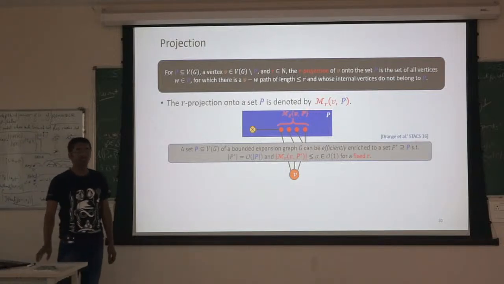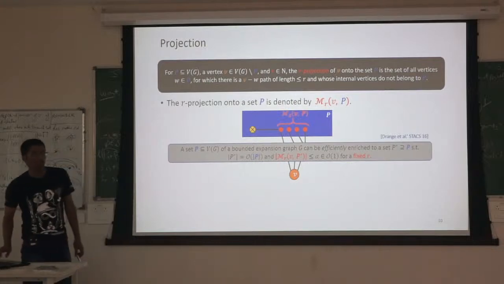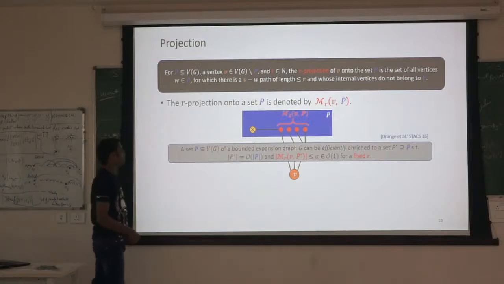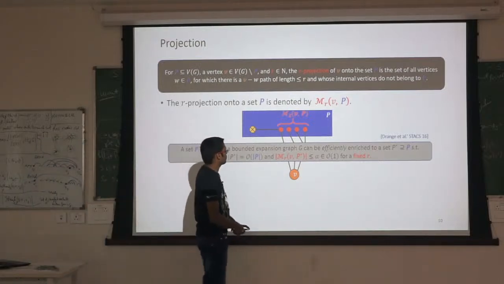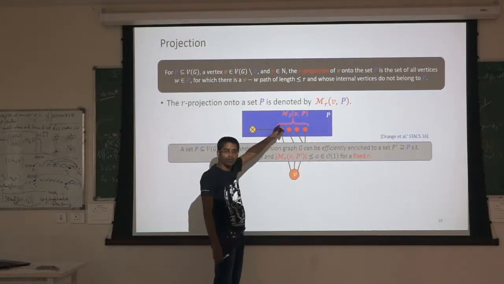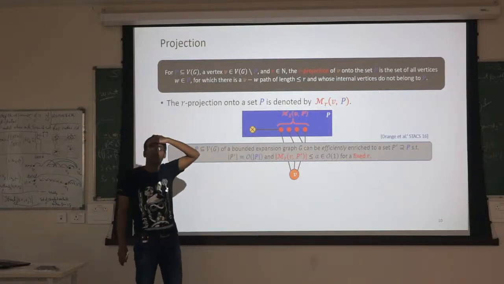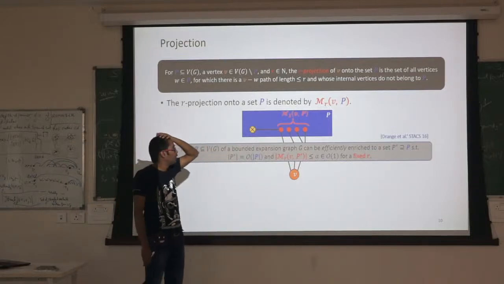Is there any question? So does this follow from neighborhood complexity, or is it a different argument? This uses basically a similar kind of argument as neighborhood complexity, but I'm not quite sure how the proof goes. So alpha is a function of R, right?